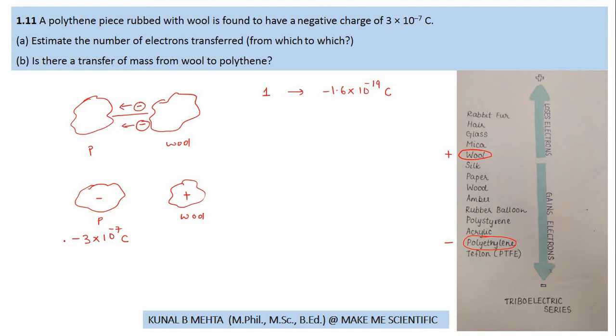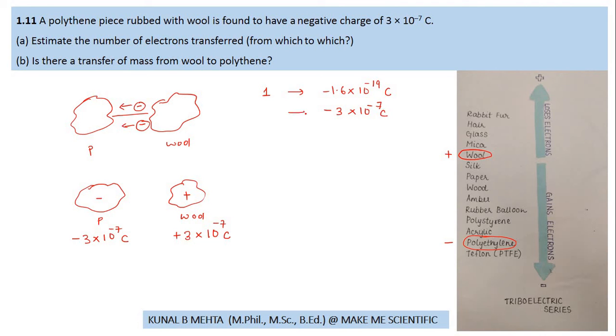So this is the charge gained by the polythene due to the entrance of the electrons. A similar amount of positive charge develops on the wool as per the law of conservation of charge. Correct? So we are supposed to find out how many electrons got transferred. If one electron transfers, the polythene will gain this much amount of charge. Now the polythene is gaining this much amount of charge.